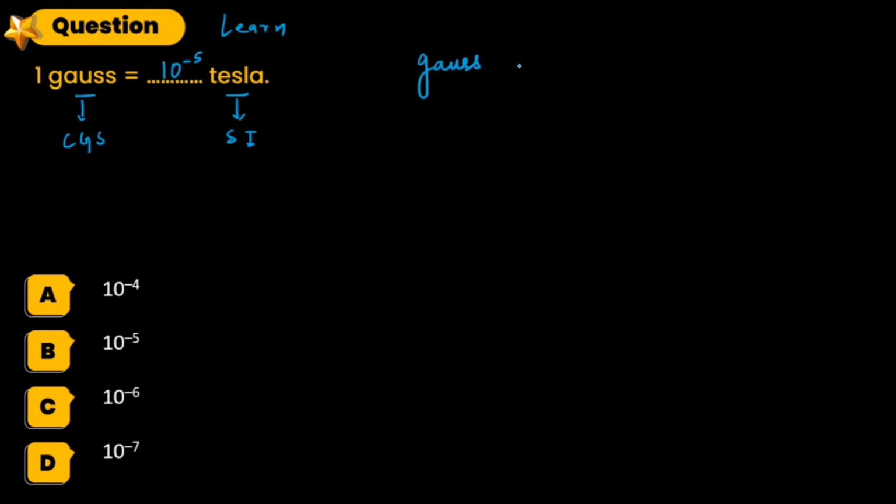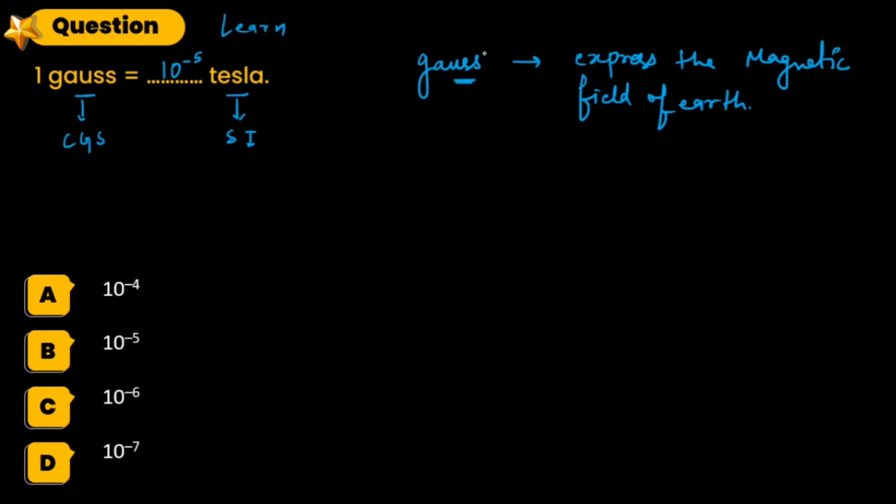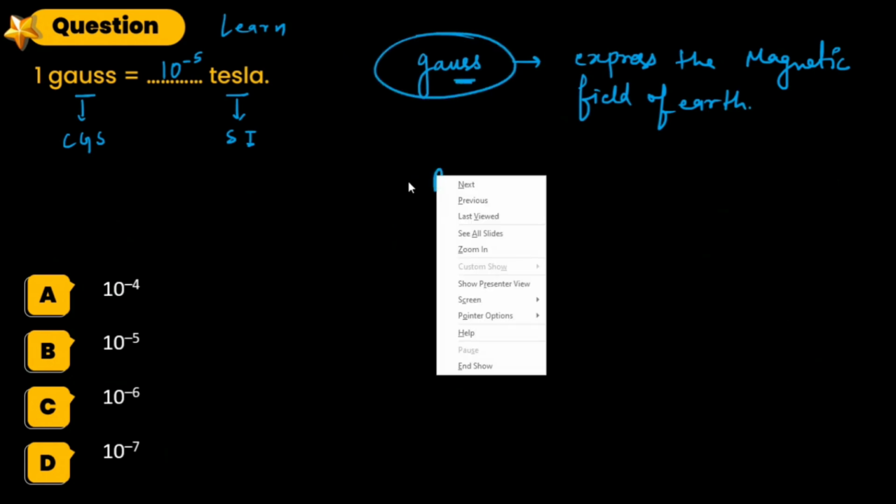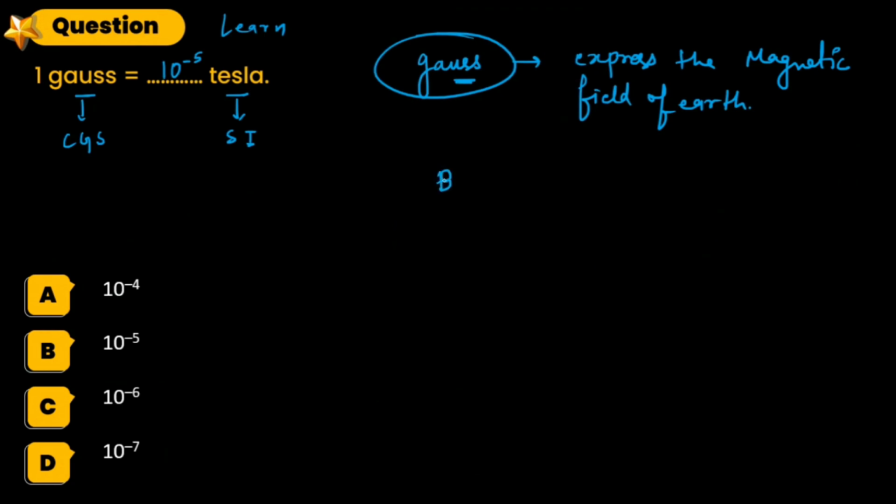So Gauss is something which is used to express the magnetic field of Earth. So whenever we are measuring magnetic field of Earth, it is represented in Gauss, and Earth's magnetic field is nothing but one Gauss, you can say.